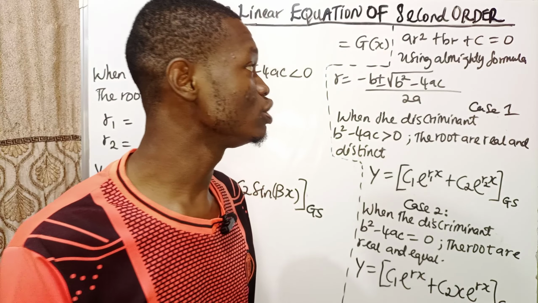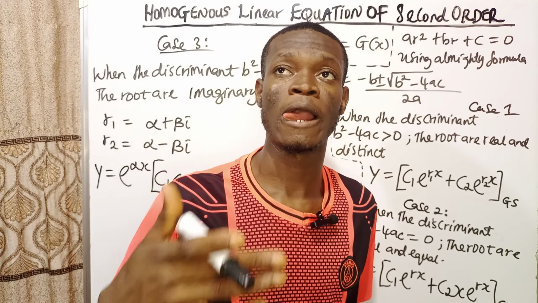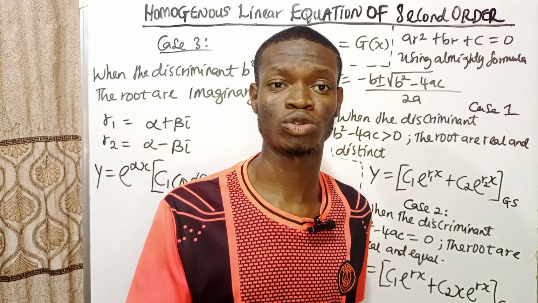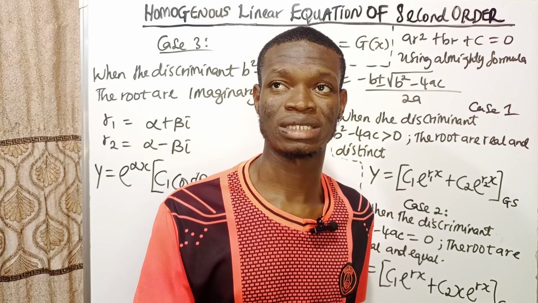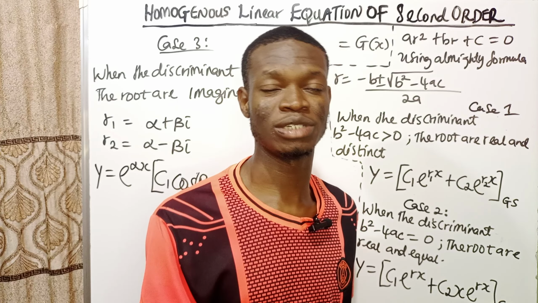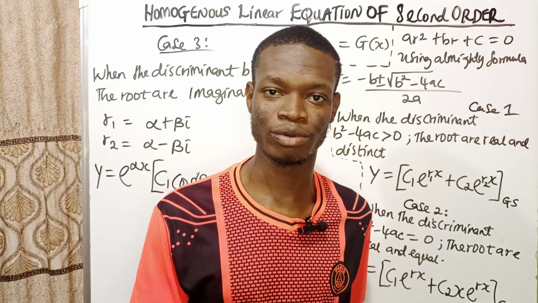The non-homogeneous equation is when the equation is not equal to 0, but equal to a variable. It can be x, which is algebra, or any variable. It can be 3.